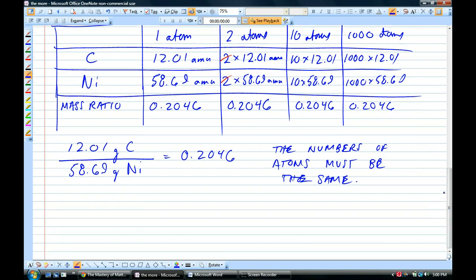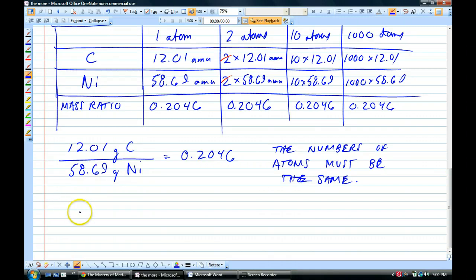Okay? So this concept can be useful because by weighing the different elements, we can look at their mass ratio and turn it into an atom ratio, or vice versa. We could take an atom ratio in a chemical reaction and turn it into a mass ratio that we need to use. All right?